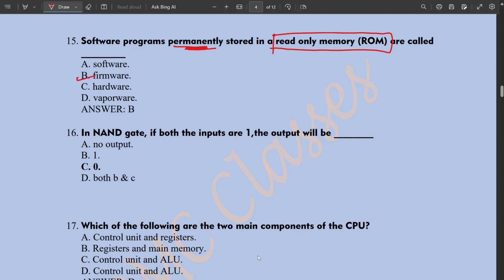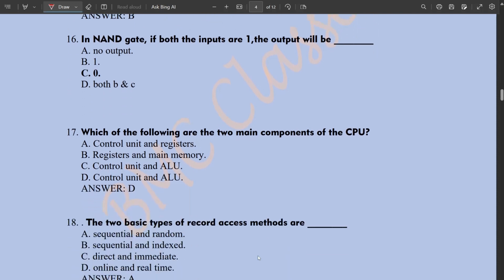Firmware. This is an important question. Next, in a NAND gate, if both the inputs are 1, meaning x equals y equals 1, the output will be what? 0. The output will be 0.